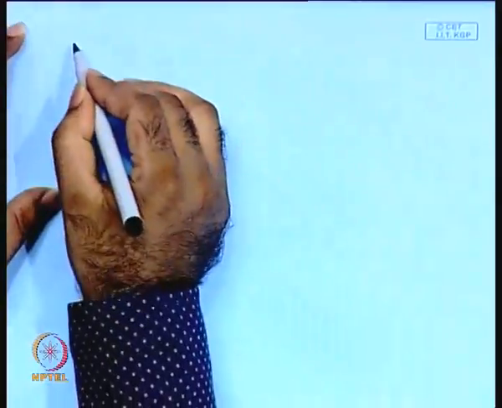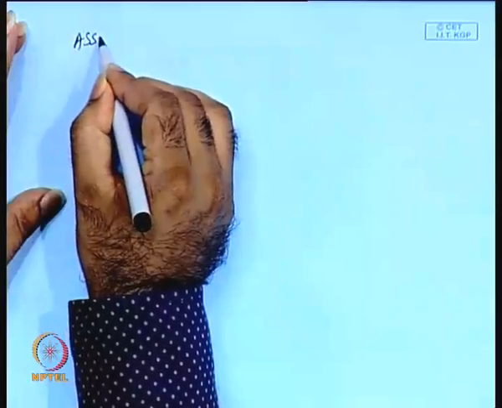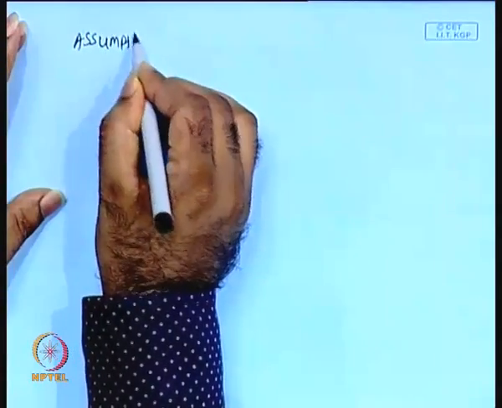The main problems we will derive from these assumptions, because that is the starting point of econometric modeling. So, what are the assumptions regarding this bivariate modeling?